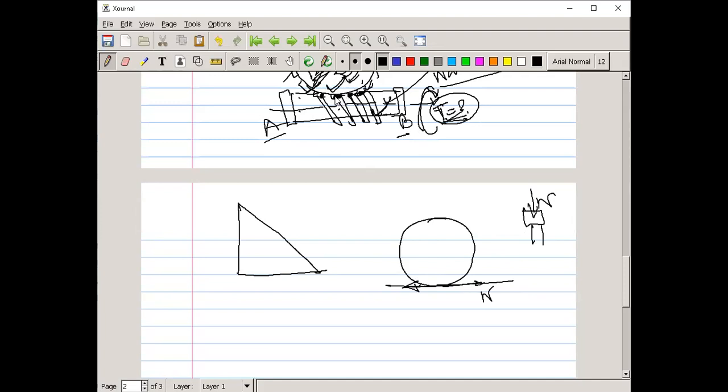The load will act on this junction, the interteeth meshing position. So the load acts at that position only. Is it clear? Up to this, is it clear? Okay, sir. Okay, it is not clear till now.